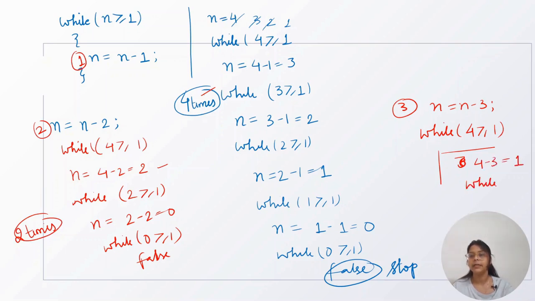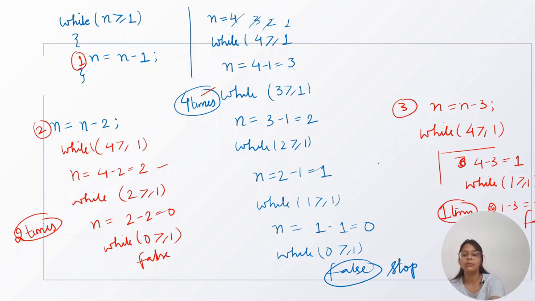Now let's check it for 1 greater than or equal to 1, the condition is again true. It will execute 1 minus 3, which is negative, and the condition will become false. So in this case, it is executing 1 time. So you can see, the same while loop, if having statement n equals n minus 1, is executing 4 times. If it is having n minus 2, 2 times, and n minus 3, it is executing 1 time.